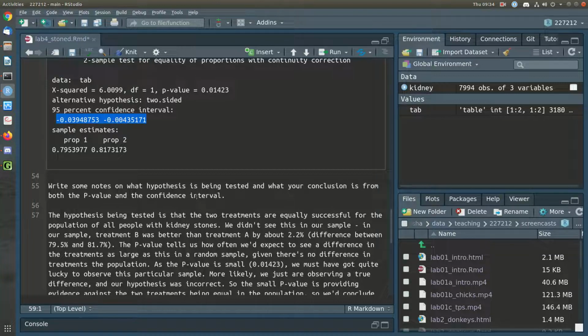The confidence interval does things the other way. The confidence interval says, given what I have in my sample, can we give a range for the population that captures the difference that we think there will be in the population? Essentially, we take the observed difference in our sample: 0.795 minus 0.817 gives us minus 0.022, that's 2.2%.